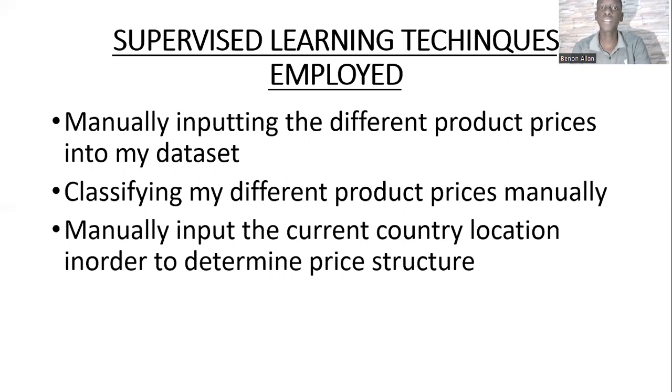The supervised learning techniques we plan on employing, we input the data manually. So different product prices and the classifications of the data will be made manually by me, the programmer. Then also maybe the current location will be input manually by the user.